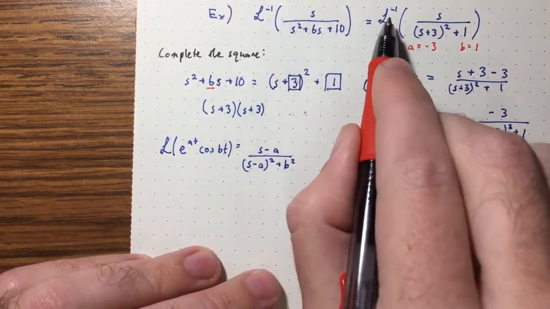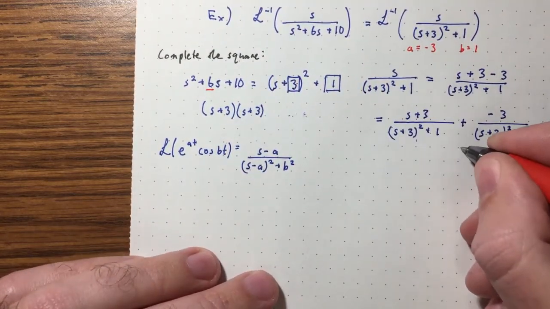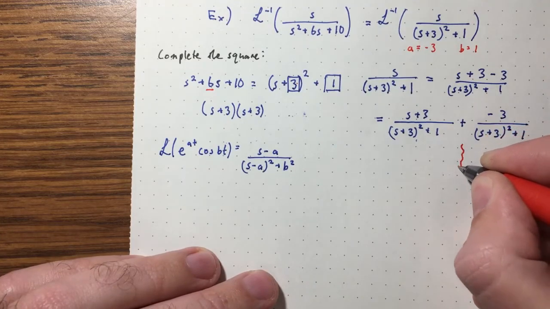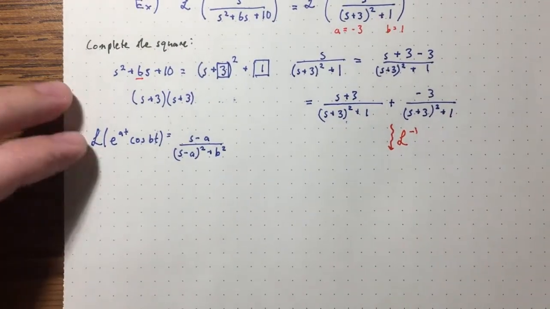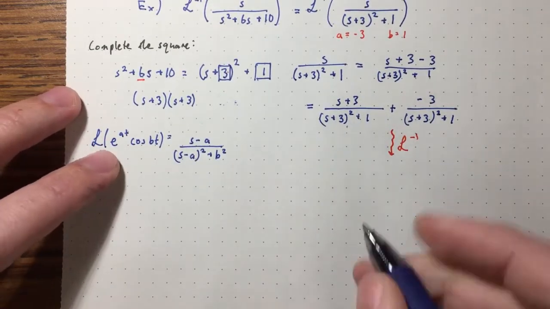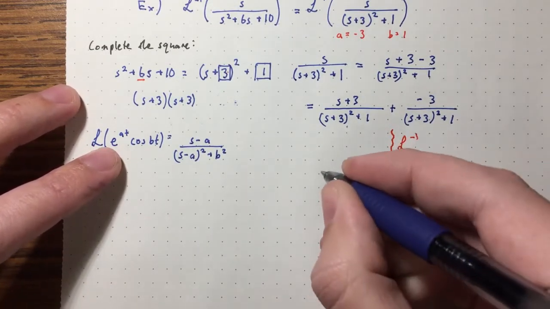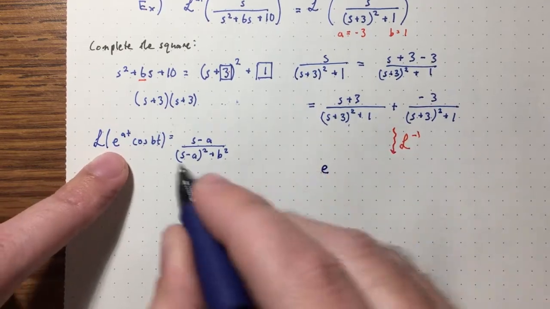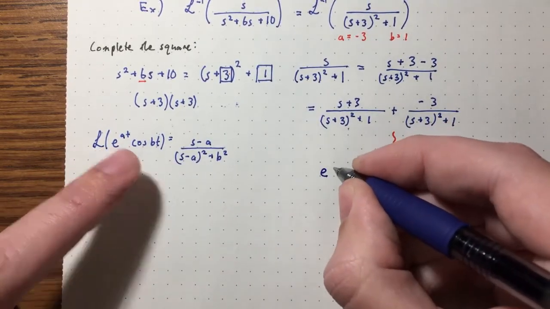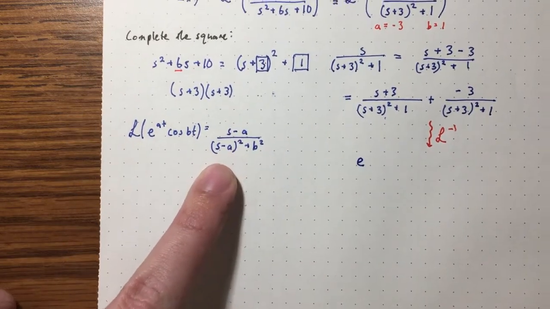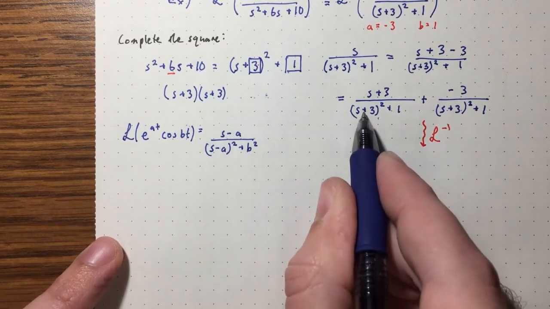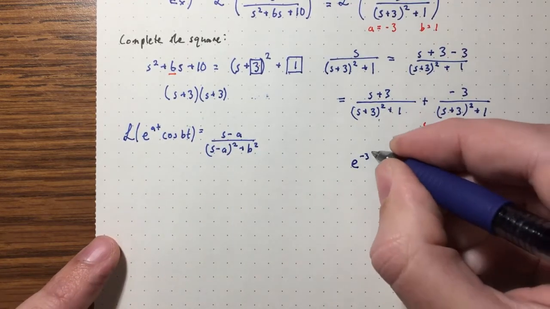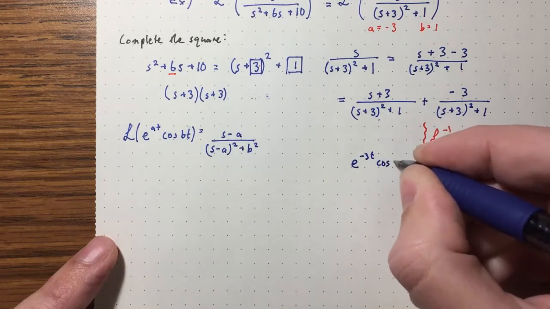I haven't been writing down all these L inverse, but let's now take the inverse Laplace transform. This one is just going to be exactly e to the at, where a is negative 3, so s minus a is s minus negative 3, times cosine 1t.